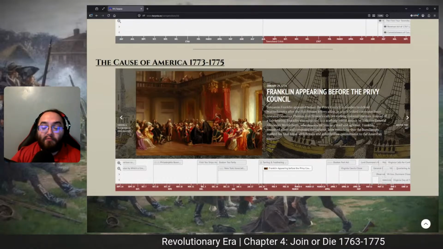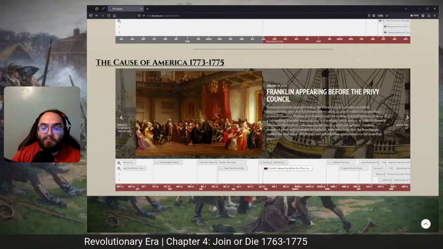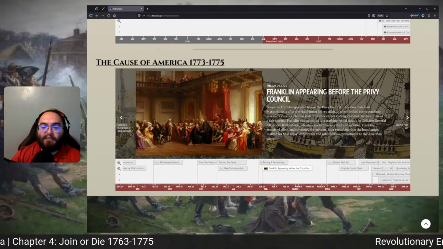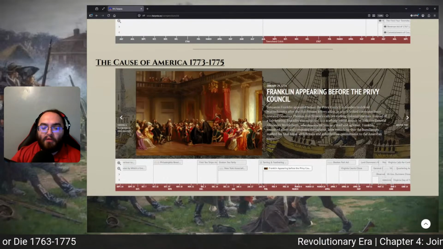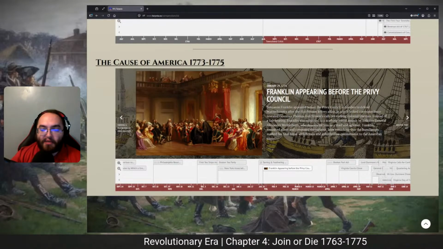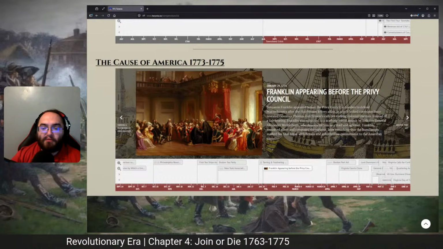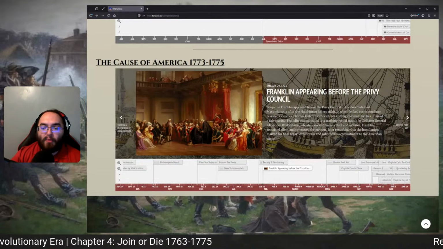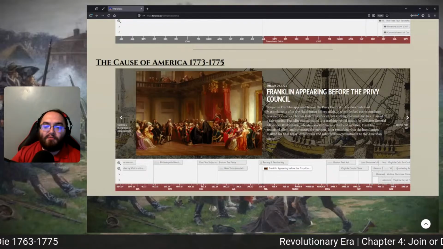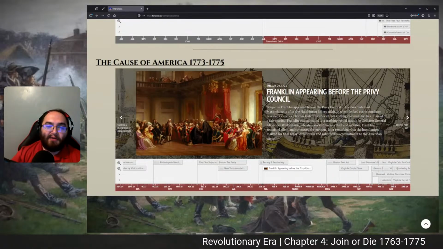Instead of a fair hearing, Franklin was subjected to a scathing verbal assault by Solicitor General Alexander Wedderburn, who denounced him as a thief and agitator. Franklin remained silent and composed throughout, later remarking that the humiliation marked his final break with Britain and solidified his commitment to the American cause.